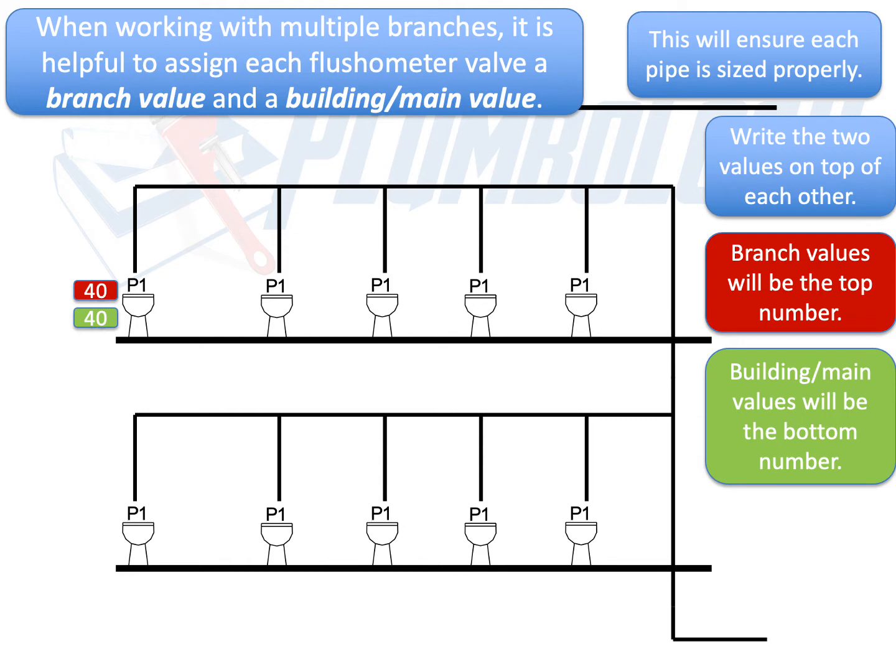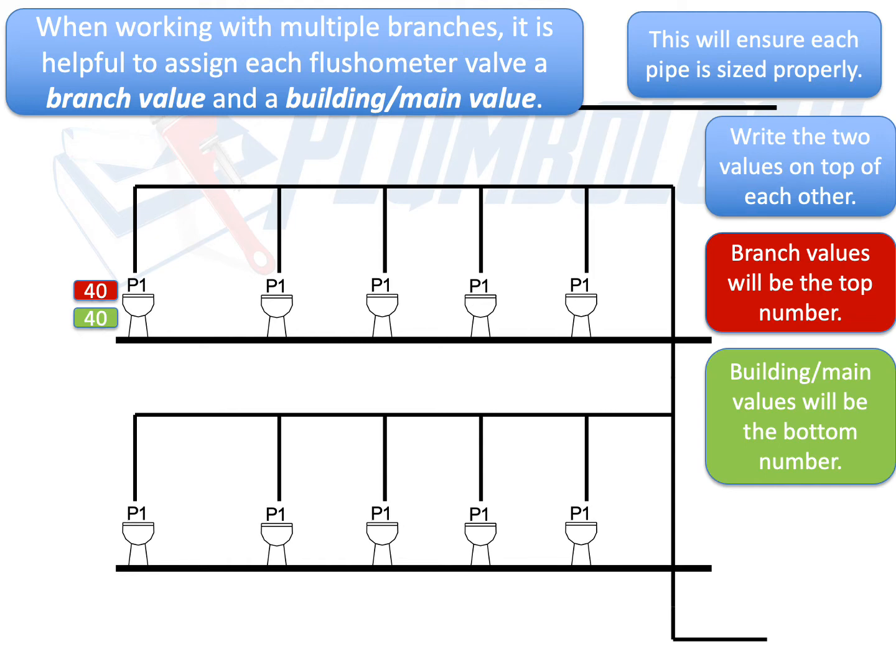So just to go over it one more time, every flush valve will have 2 numbers by it. Right now we are only looking at the most remote flush valve in the building. Second floor all the way to the left. The 40 in the red box represents that flush valve's value on the top floor branch piping.